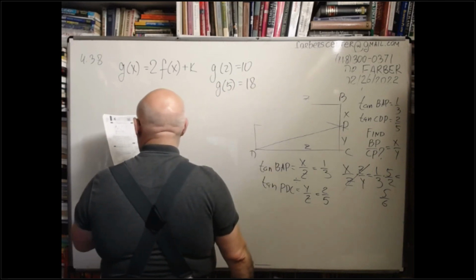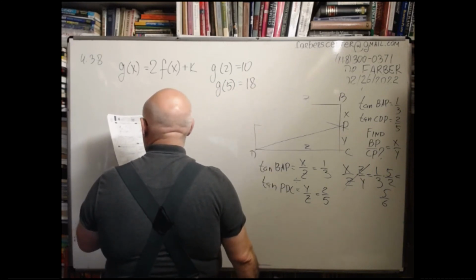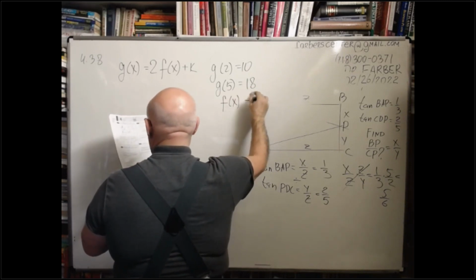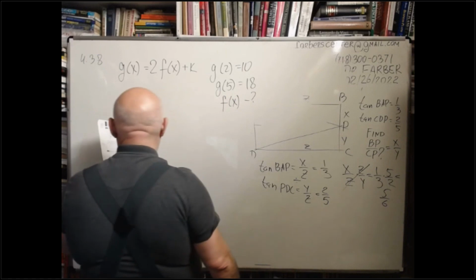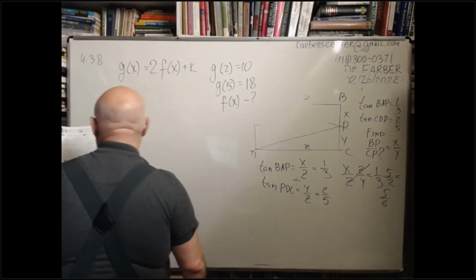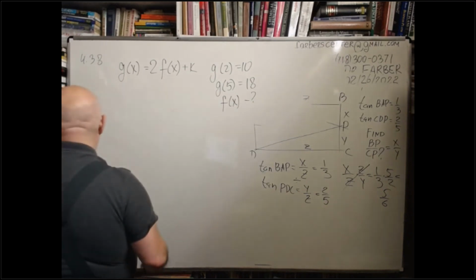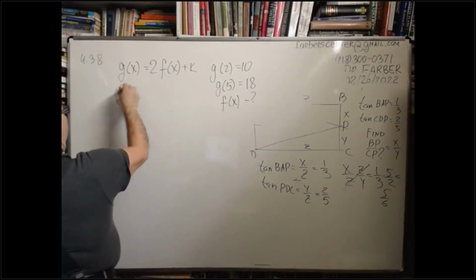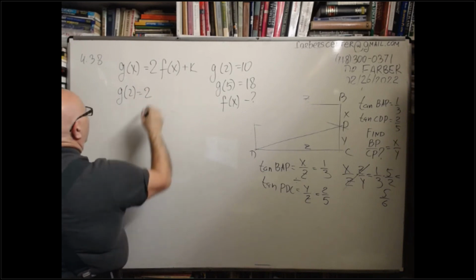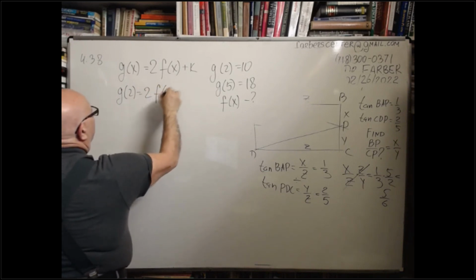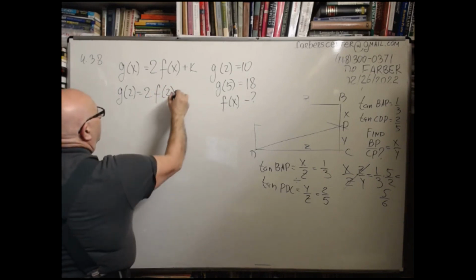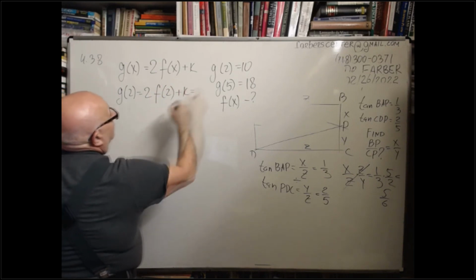What is the value of f of x? Let me find g of 2, like we did today. G of 2 equals 2 times f of 2 plus k equals 10.